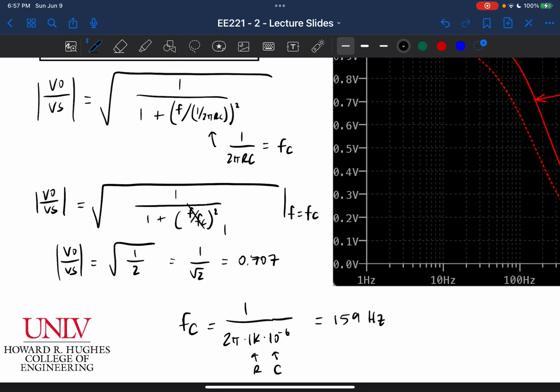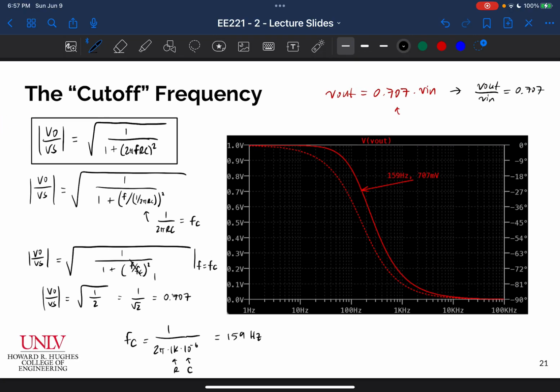So that is the cutoff frequency of my RC circuit, and that is the frequency where the ratio of the output to the input is 0.707.